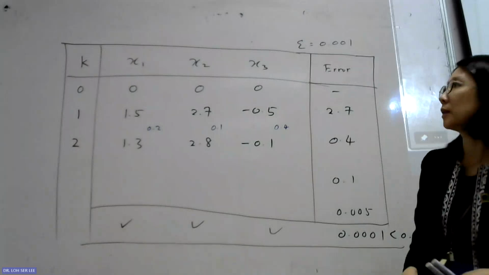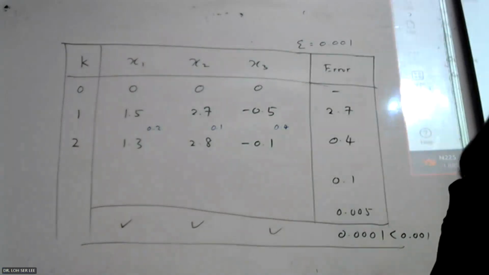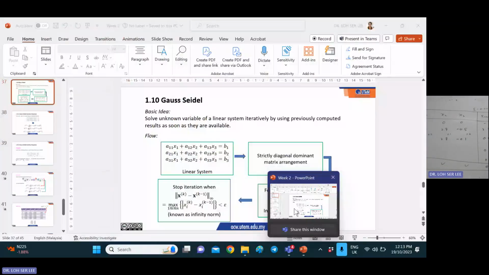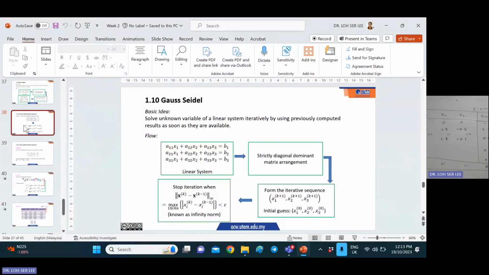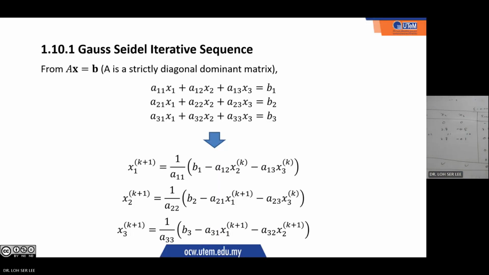One more. I want to explain a little bit on why there is k plus 1 and k. You see this k plus 1, this is k, this is k, this is k plus 1, this is k, and both are k plus 1. You just need to understand that k is the current iteration and k plus 1 is the next.